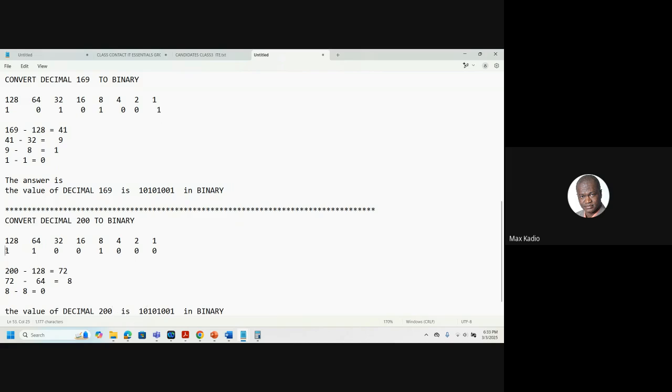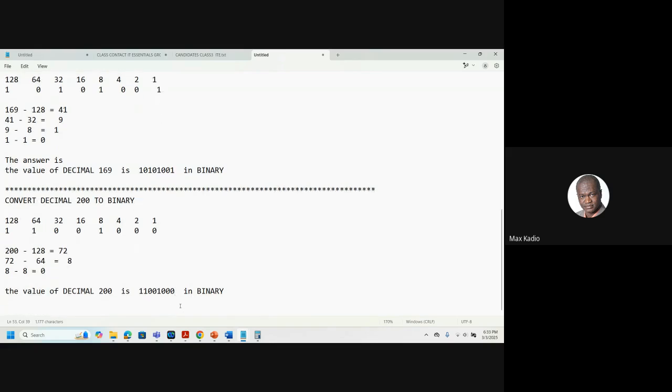Now you take everything here: 1100, 1100, and 1000, 1000. You see, this is how it works. So 2 minutes, check that again, and we continue.